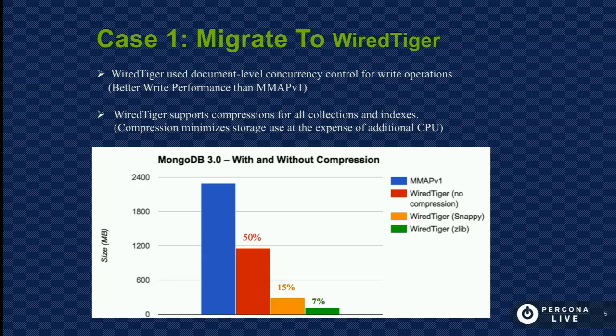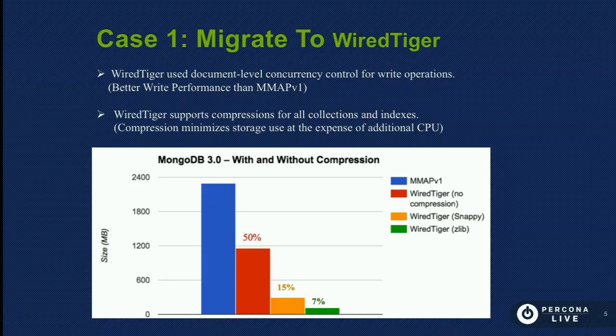So here, this screenshot gives us a comparison between mmap and wiredTiger. These 3 columns show wiredTiger with no compression, snappy compression, and zlib compression. You can tell from this screenshot the size reduced dramatically after you use wiredTiger storage with compression. Here you can see it is 15% of the original size.